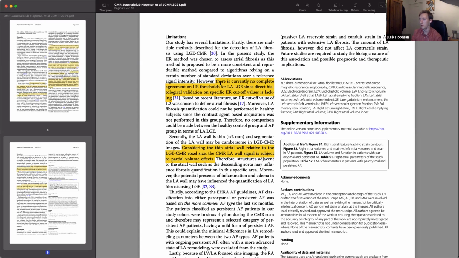So we chose to just pick the default setting in the software program, which was an IIR of 1.2, and that cutoff value is being used in a lot more papers. But I acknowledge that the cutoff values and also the post-processing strategy need to be researched a lot more than they are today.